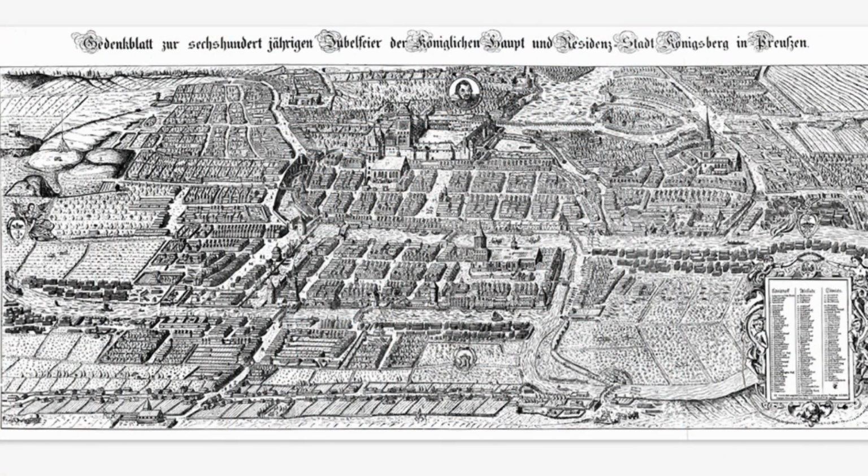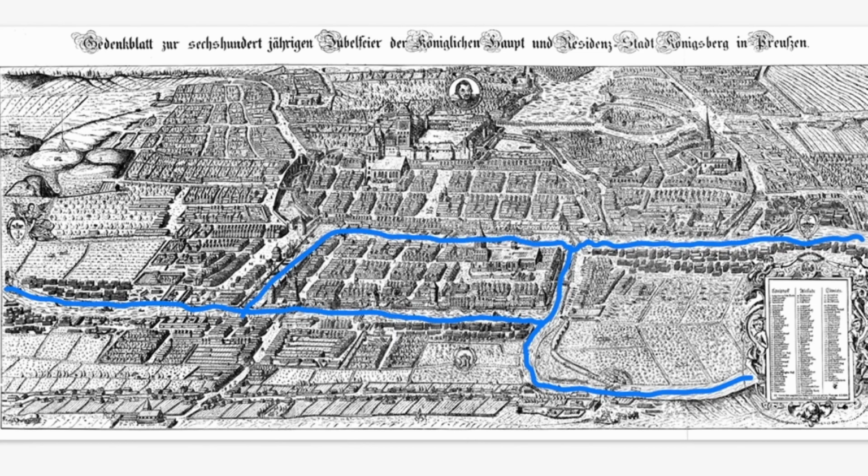Here's a map of the city of Königsberg circa 1613, about 100 years before Euler heard about the problem. It's situated south of the Baltic Sea on a river called Pregel, and you can see the river runs through the city. Here's the river here, and traces a path that divides the city into 4 separate areas.